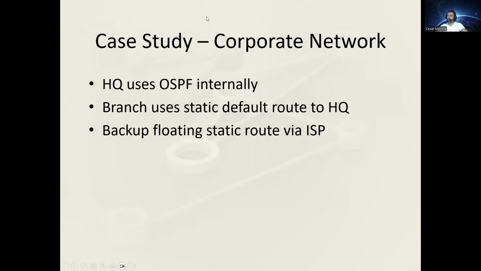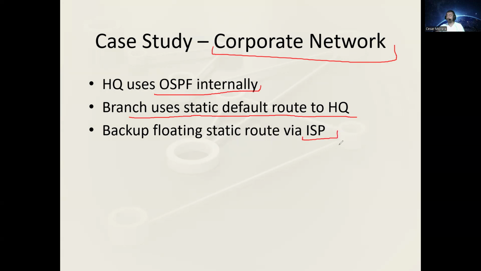This is a case study that we have. In this example, we are working with a corporate network in HQ. In HQ, or headquarters, they use OSPF internally in their network topology. Some of the branches use a static default route to HQ, and there is a backup floating static route via the ISP, the internet service provider.